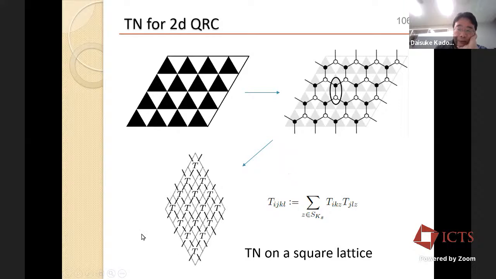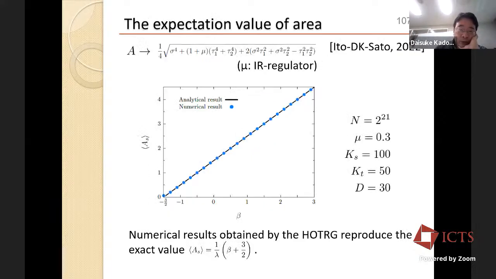So once the tensor network on a square lattice is obtained, we can apply the HOTRG method to evaluate the value of the partition function.